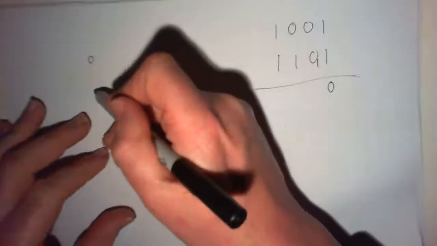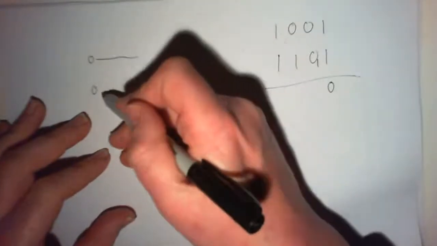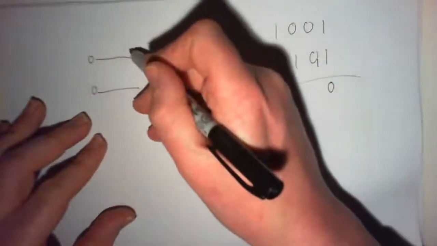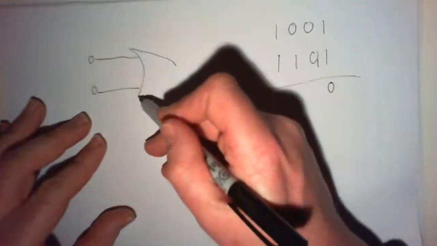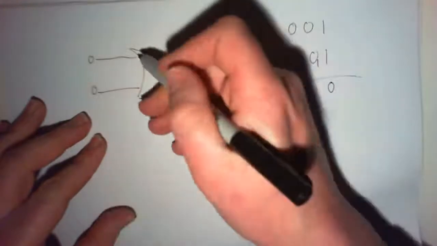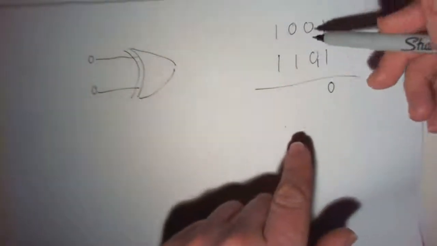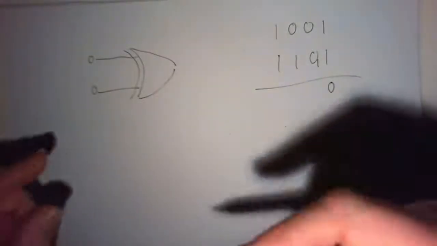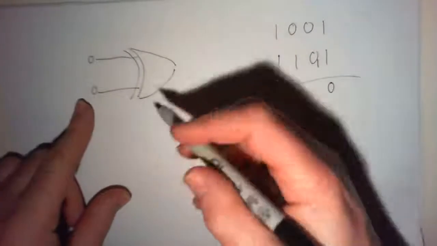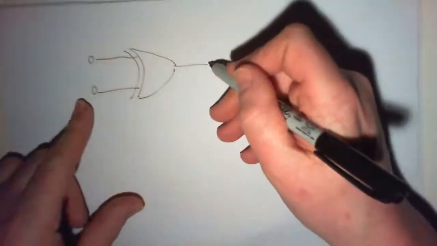It's quite easy once you see it done. There's lots of different ways you could do it. The most common way is using the exclusive OR. You can see that because if you have a 1 and a 0 or a 0 and a 1, you just want those combinations. So you use an exclusive OR to create the sum.